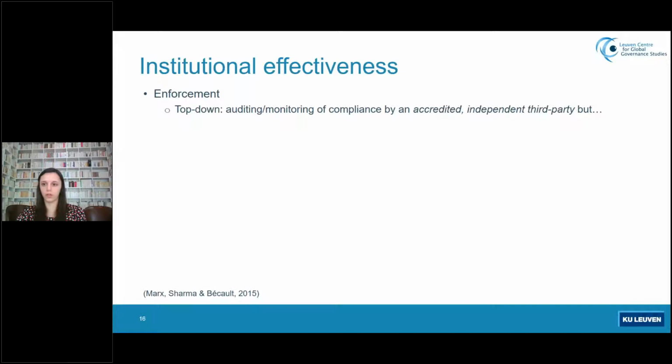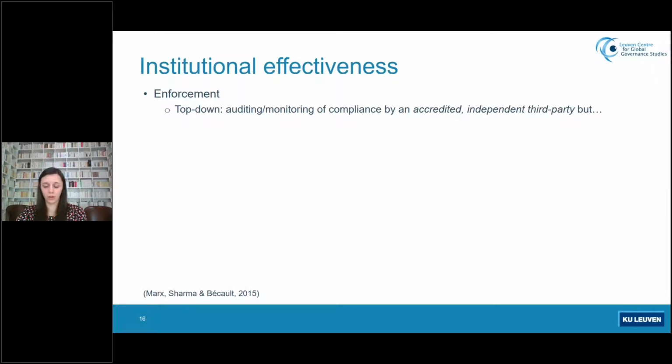But then, of course, third-party certification, which VSS apply, involves three parties. So first, the one that sets standards, the second one implements the standards, and then the third one monitors compliance and reports to the standards agency. And that's what we saw at the beginning when I explained how VSS work.